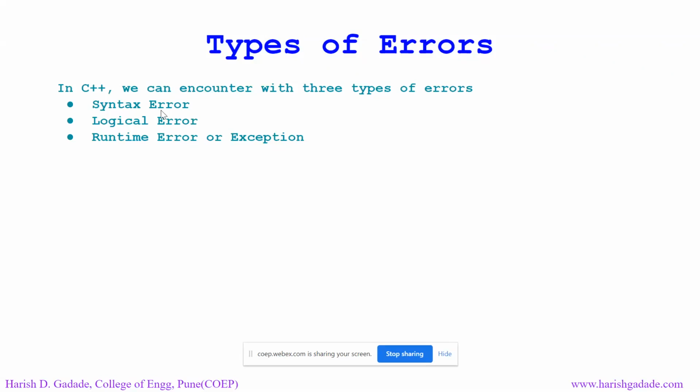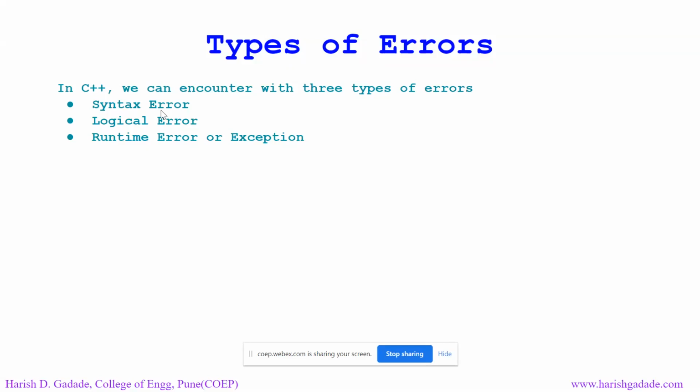The last one is the runtime error or exceptional error. This error occurs at runtime and is normally not detected by the compiler. It is normally very difficult to find. One example of a runtime error or exception is dividing a number by zero.